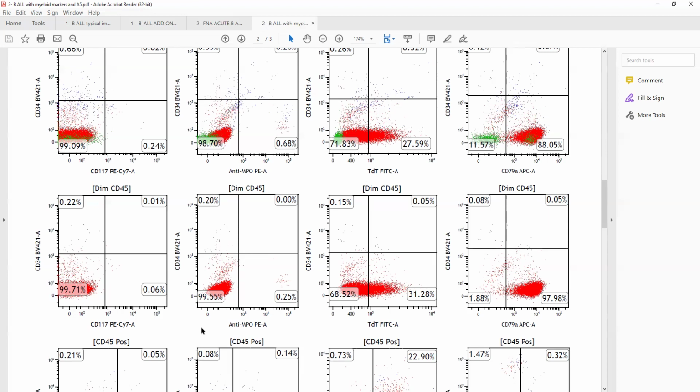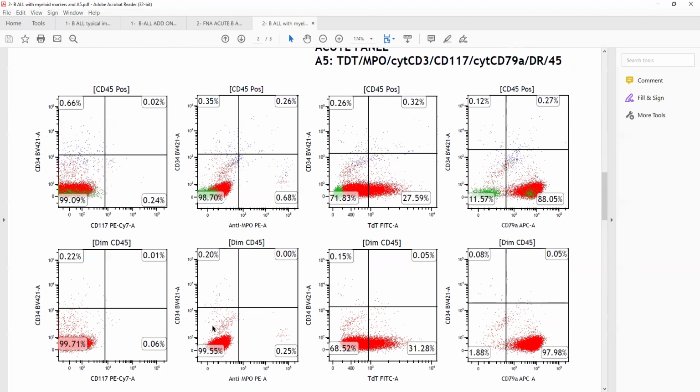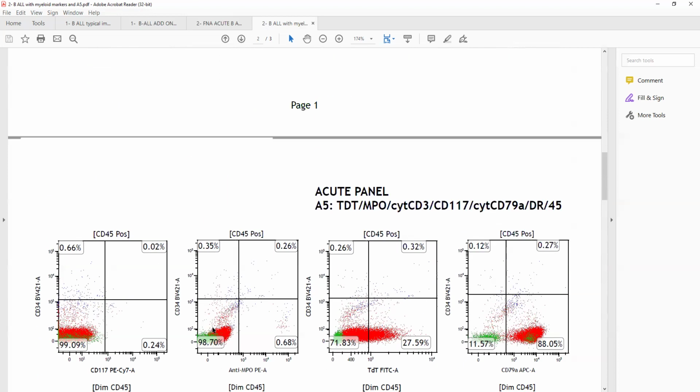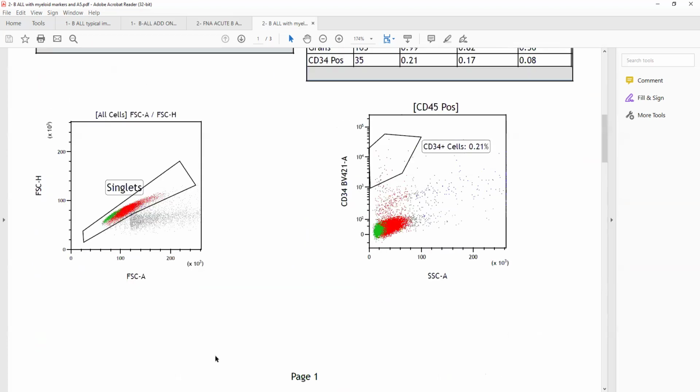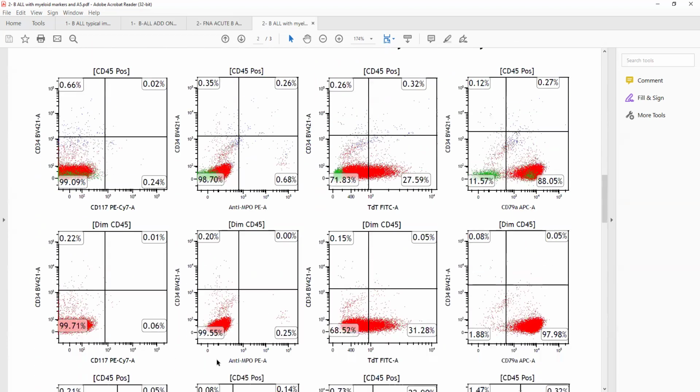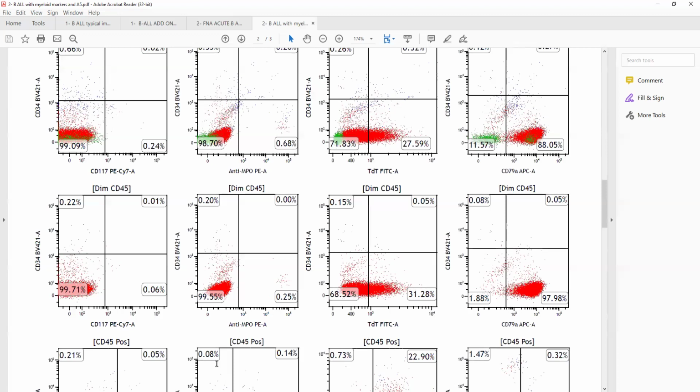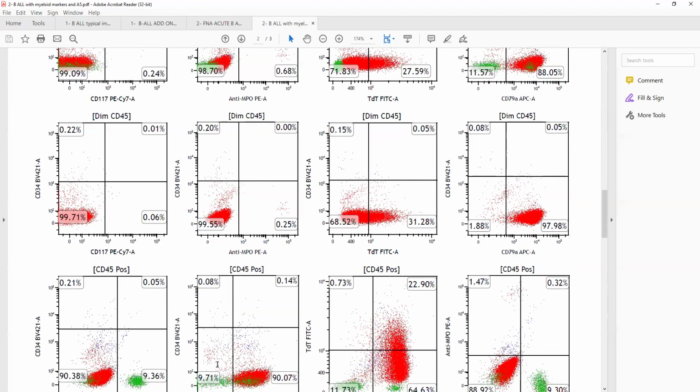So putting all these findings together, we're dealing with a B-lymphoblastic leukemia lymphoma. The message that I'm trying to convey in this case is that sometimes you can see expression of some myeloid markers like CD13, CD33. Some cases can show expression of other markers like CD15 and CD65. However, you should not see myeloperoxidase expression.